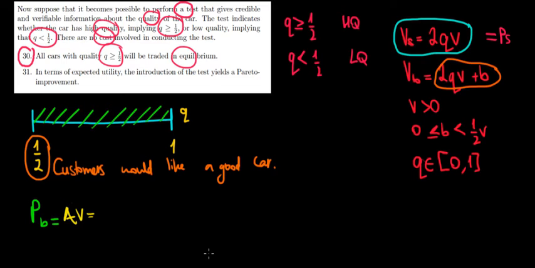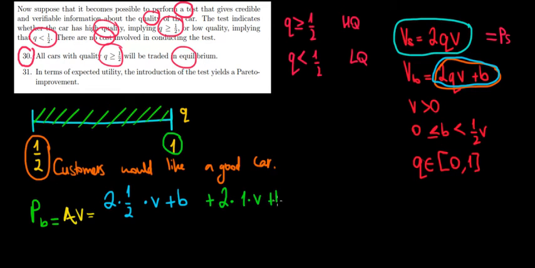Okay, so we start calculating the price that the buyers are willing to pay. That would be based on the average valuation, and we're considering the valuation of the buyer to calculate that. So we have 2 multiplied by the minimum quality, 1/2, times V plus B, and then on the other side the maximum quality, which is 1. So that would be 2 times 1 times V plus B, and all of this divided by 2.